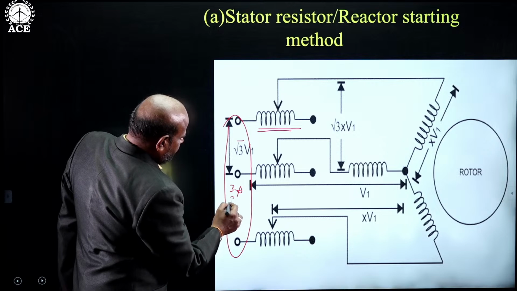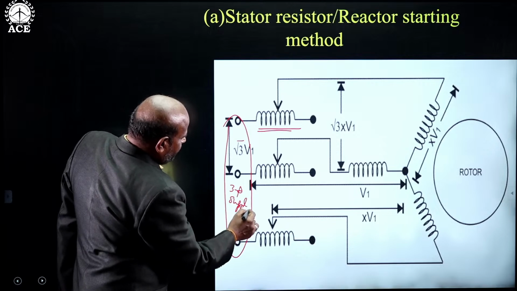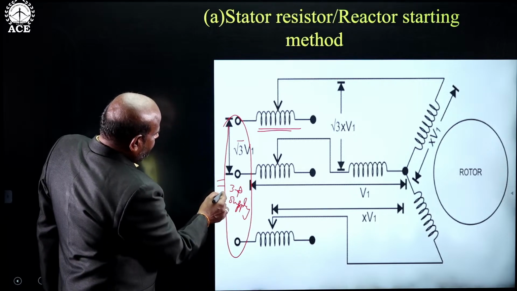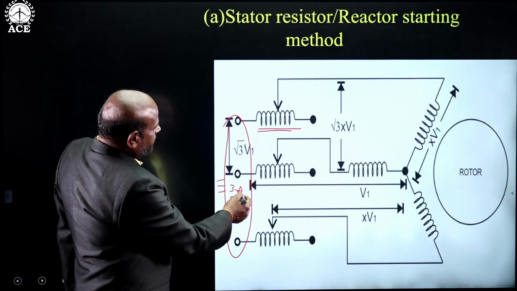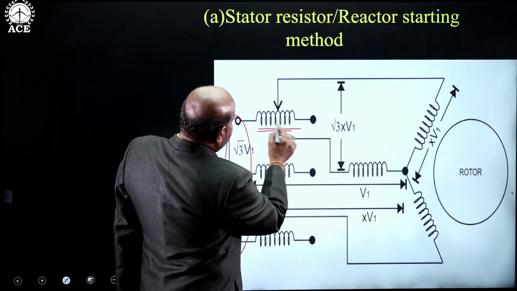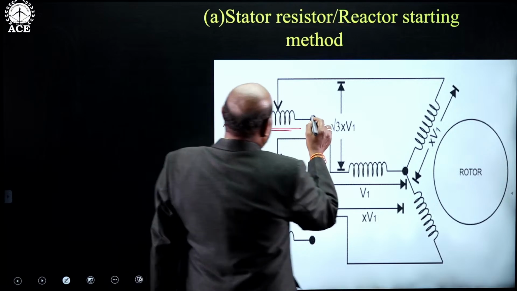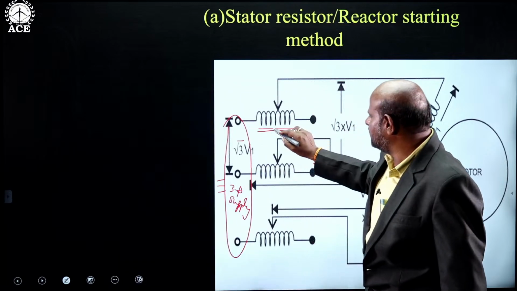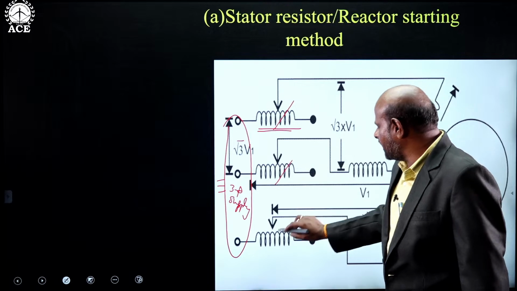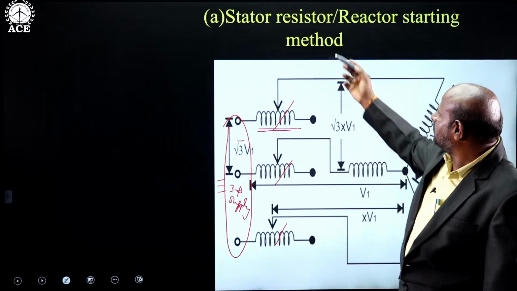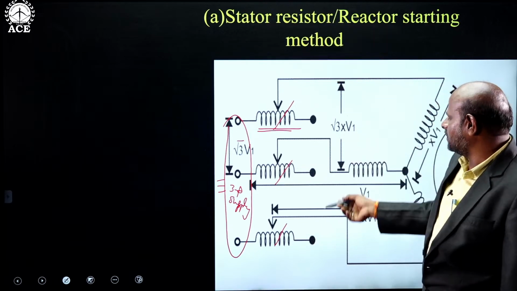The 3-phase supply is taken here. Full voltage we are going to get here, and the adjustable voltage can be obtained by using variable rheostats or reactances. So we can use either resistor or reactor.